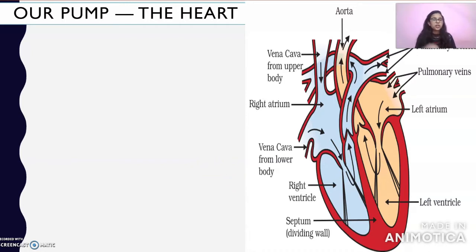Now children, there are two major veins, that is the vena cava and the pulmonary veins. You can see these are vena cava.